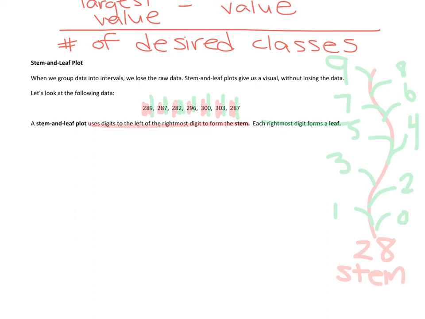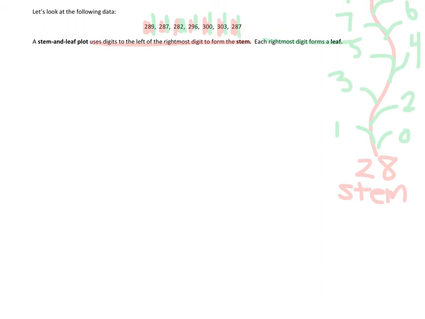So this stem could account for 10 different numbers. How is that going to look in our stem and leaf plot? Our stem and leaf plot begins with a line down the middle, and this is going to separate the stems from the leaves. Don't lose the data.